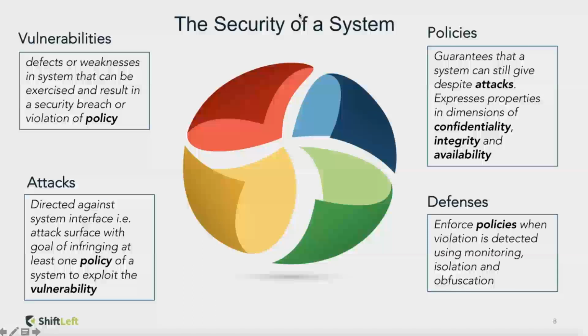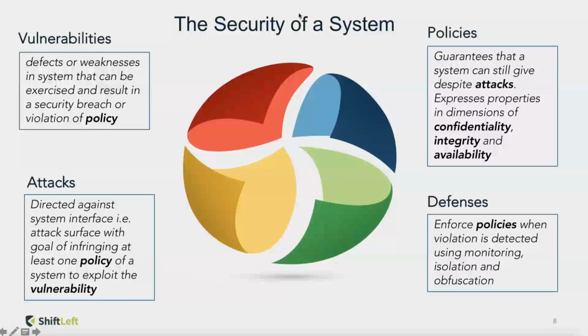The third dimension is policies. Policies guarantee that the system can still give despite attacks, meaning that you define certain rules or constraints based on confidentiality, integrity, and availability. And every request or every action is evaluated against a certain policy.